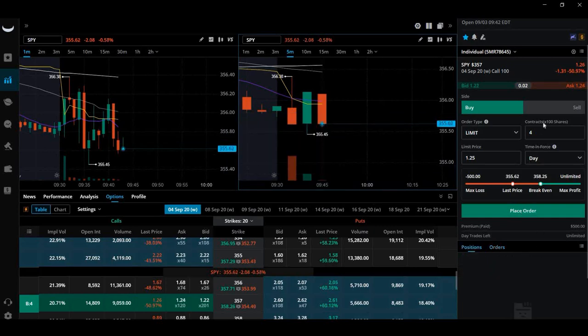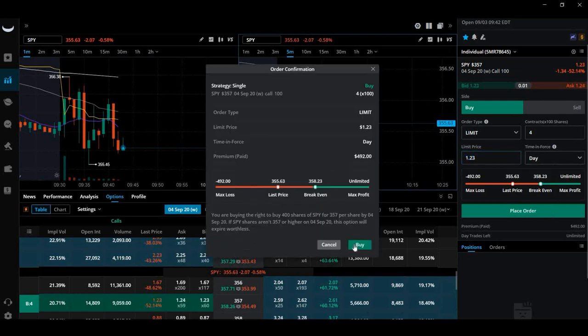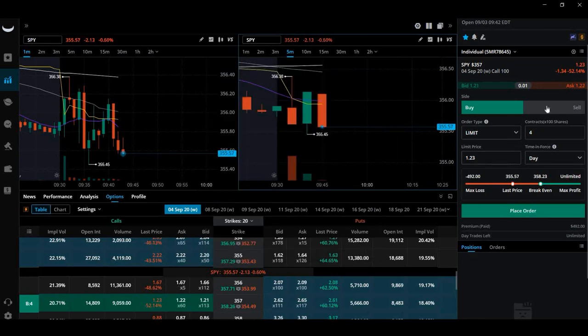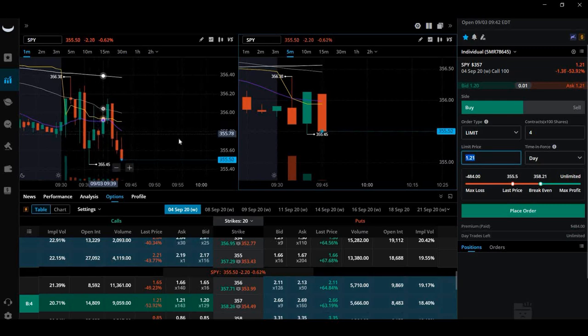Nope, so there's where I was trying to get in, but I'm glad that I didn't, because if I would have got filled there, and I was going for 4 contracts, so that was a lot of buying power, I wouldn't have been able to add. So right there, I'm so glad I didn't get filled.